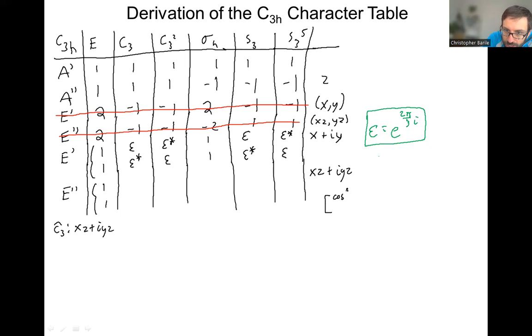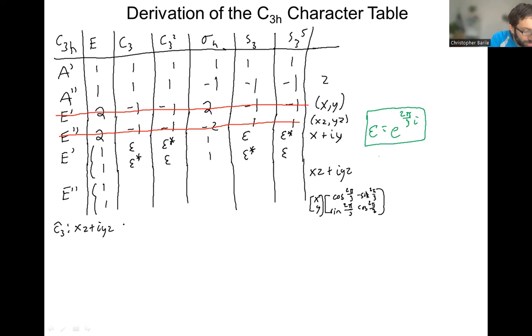Remember, it's cosine 2 pi over 3, negative sine 2 pi over 3, and sine 2 pi over 3, cosine 2 pi over 3, all times xy. That's how xy transforms.